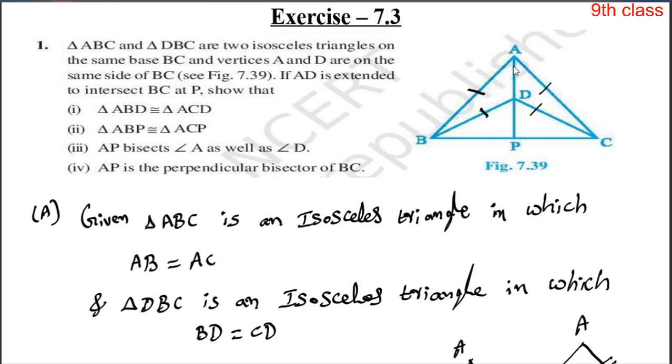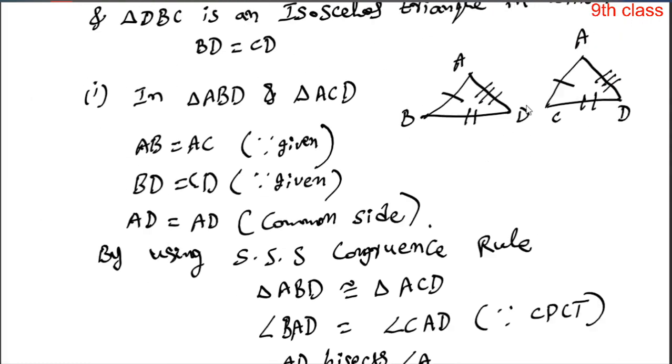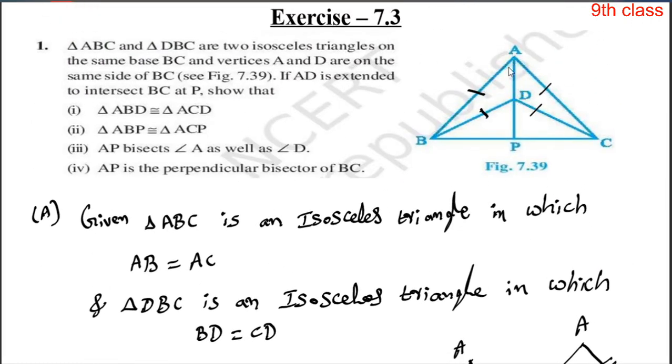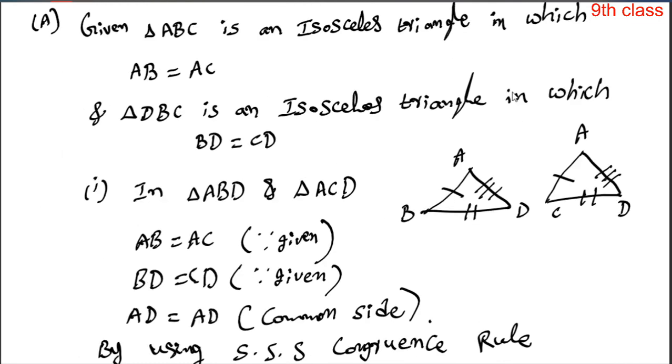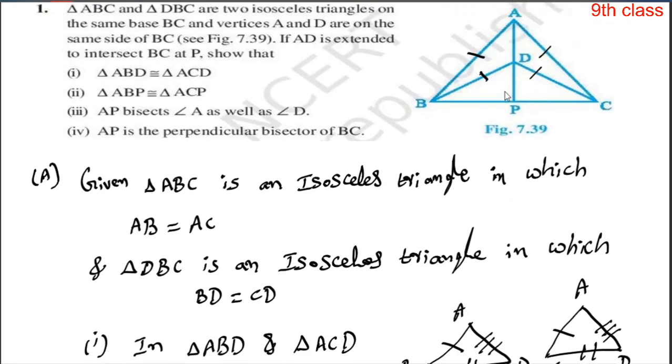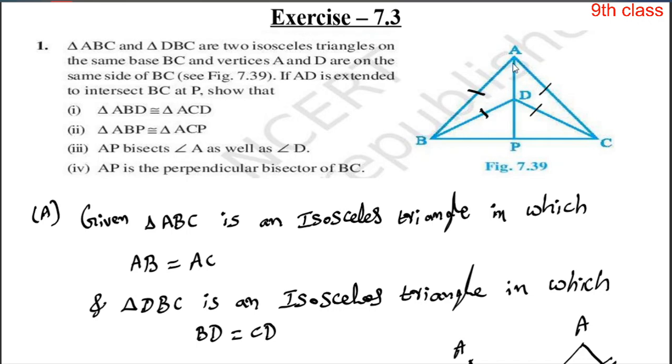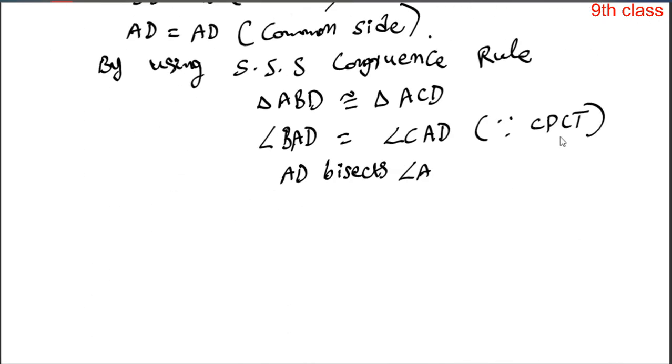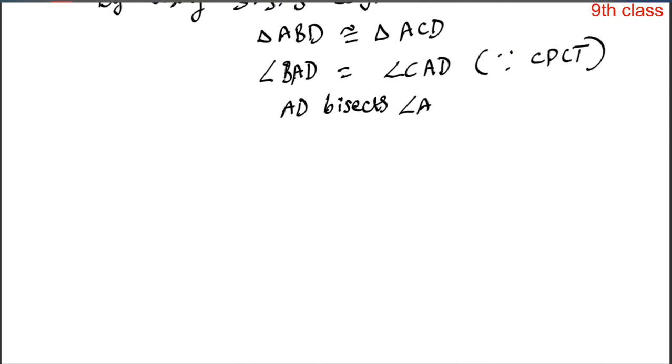So these two angles are equal, and AD bisects angle A. AD bisects angle A and AP bisects angle A. So AD bisects angle A, therefore AP bisects angle A.